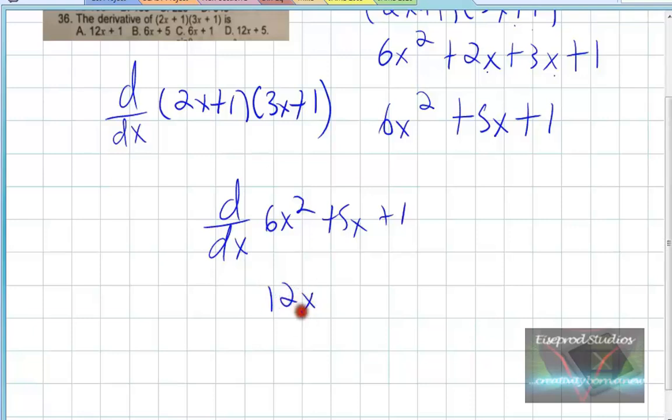So we're going to have 12x to the first power, but you can ignore the 1 because anything to the first power is just itself. And the derivative of x is 1, so it's just going to be 5 times 1, which is just 5. And the derivative of any constant number, which is 1 in our case, will be 0. So plus 0. So essentially we just have 12x plus 5.